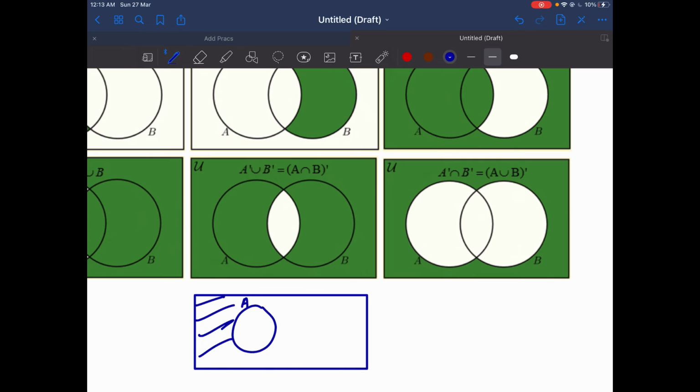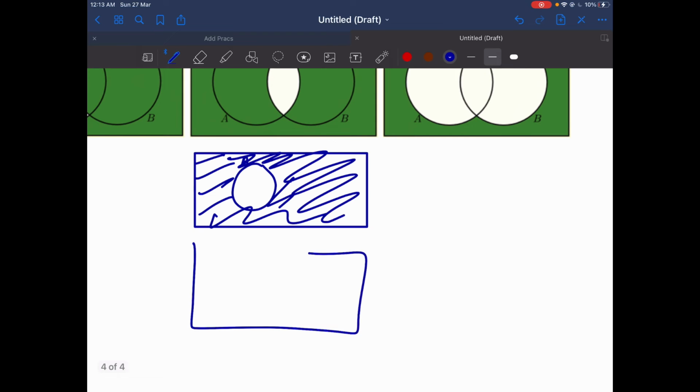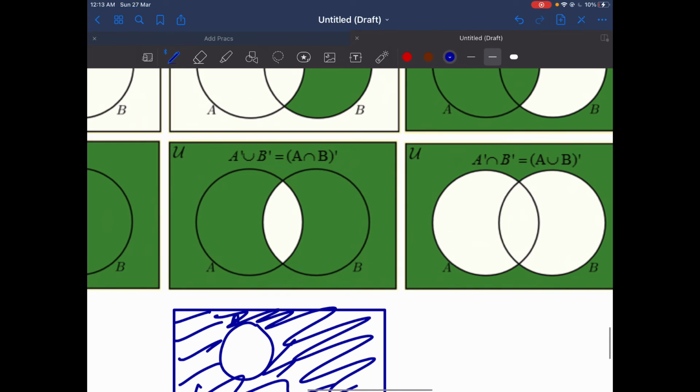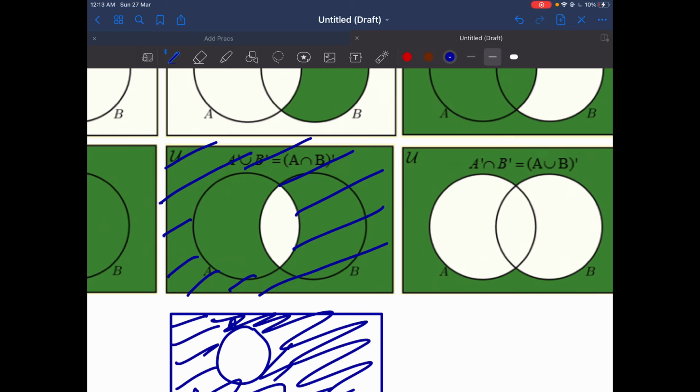So this is A. So it means the whole area that is outside of A. And then B prime means the whole area that is outside of B. So when I'm talking about A prime, it would be this whole part. And then when I'm talking about B prime, it would be this whole part.